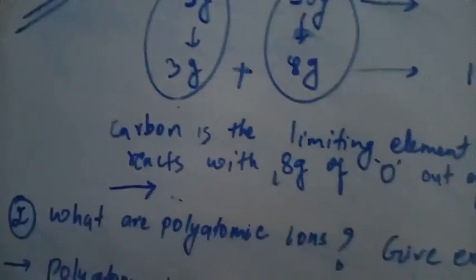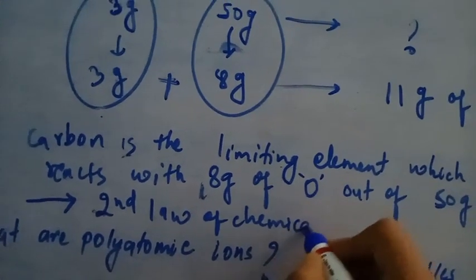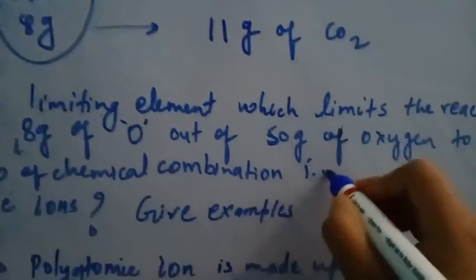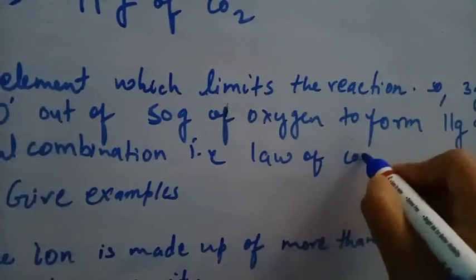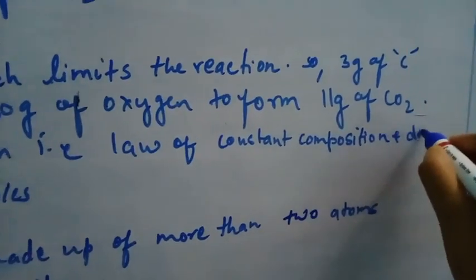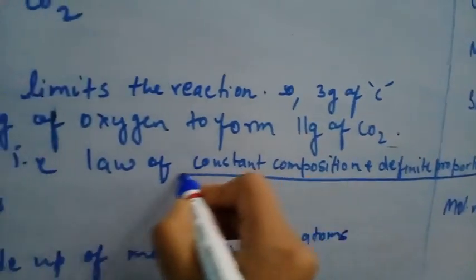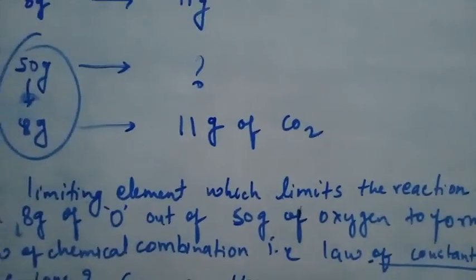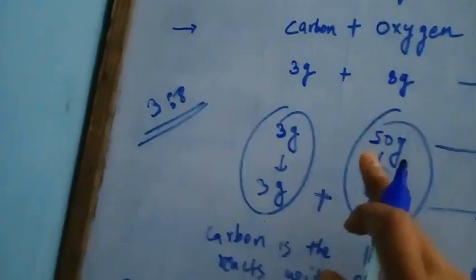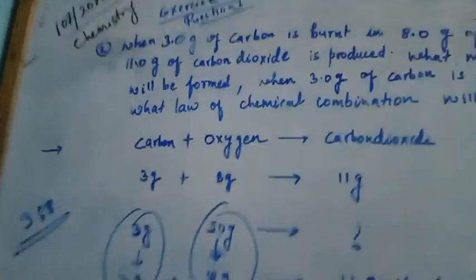So here we can write the second law of chemical combination, that is, the law of constant composition, or definite proportion, will govern our answer, because according to the second law, carbon and oxygen will react only in a definite proportion by mass, that is 3:8 by mass. Okay, so like that you have to answer this question.